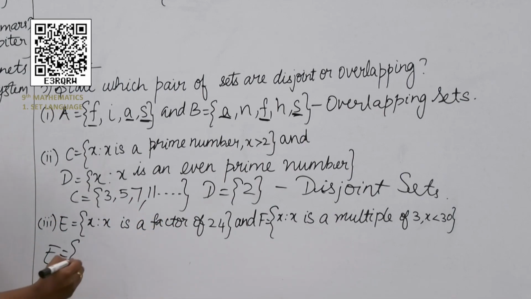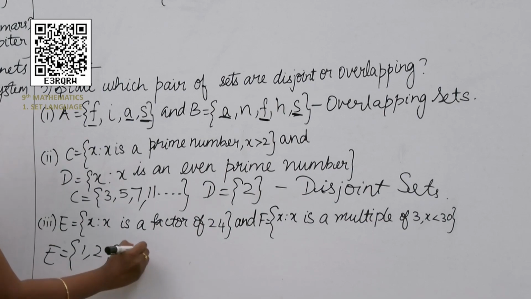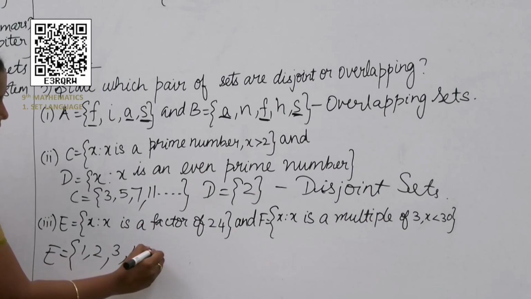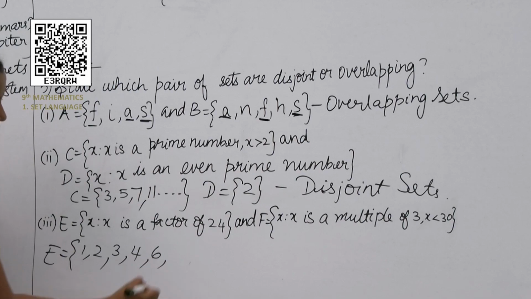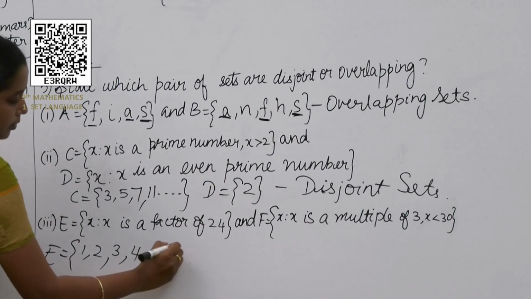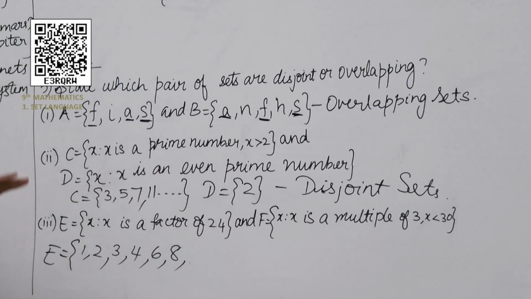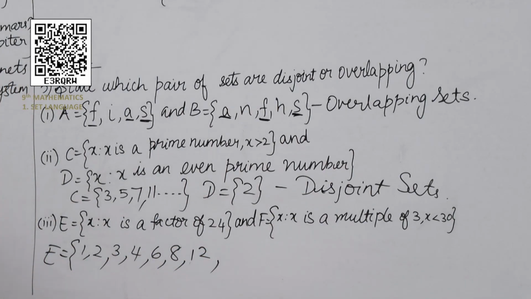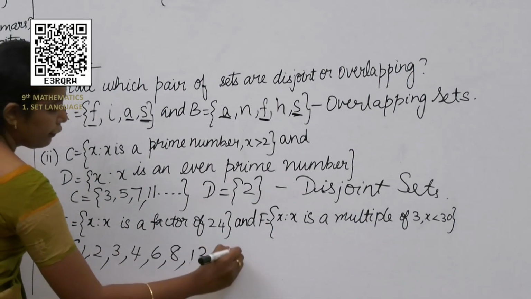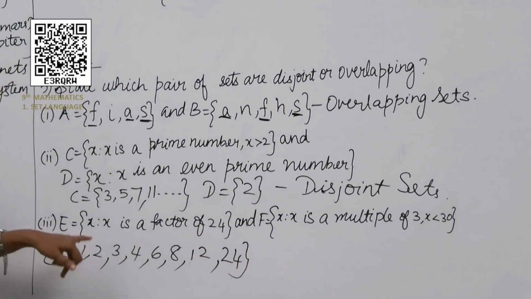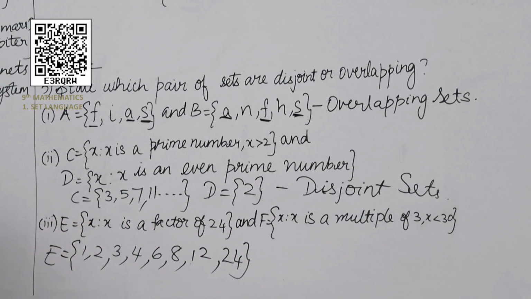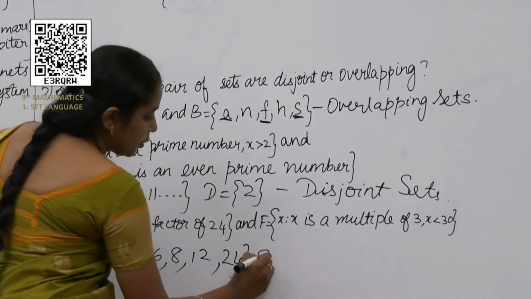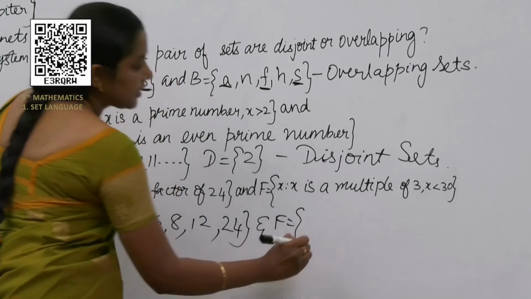So those are 1, 2, 3 because 8 3s are 24, 4 because 6 4s are 24, then 6, 8, 12, and 24 itself. So E is 1, 2, 3, 4, 6, 8, 12, 24.